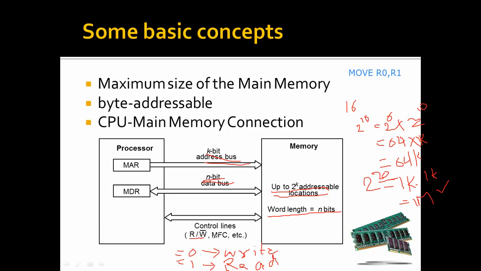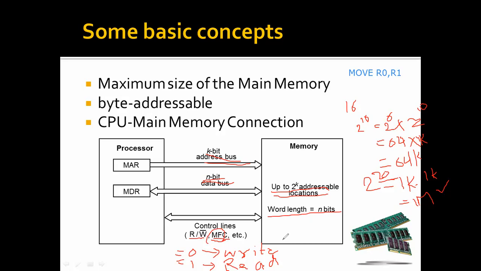MFC means memory function complete. That means whether the data transfer, that is the read operation or write operation, is completed or not. What is the status of the operation? That will be known by using this MFC control signal, the memory function complete signal.